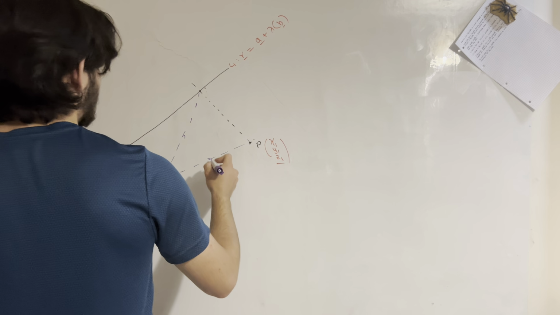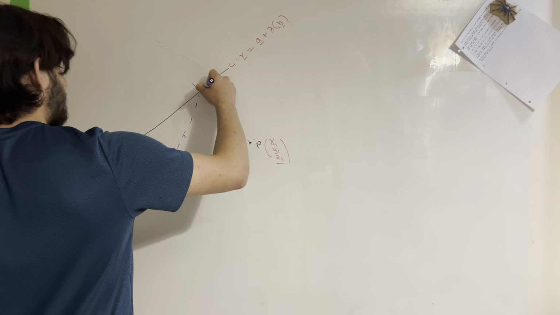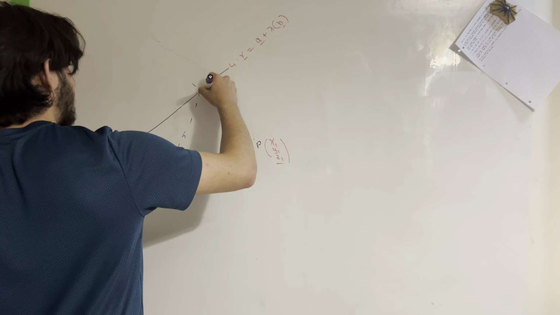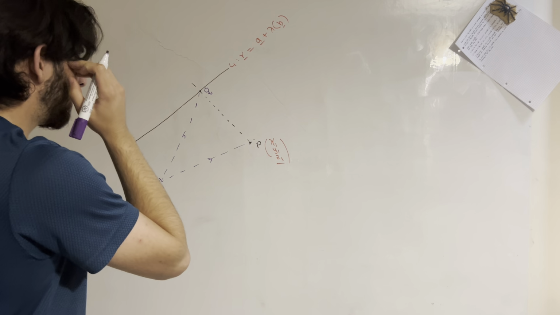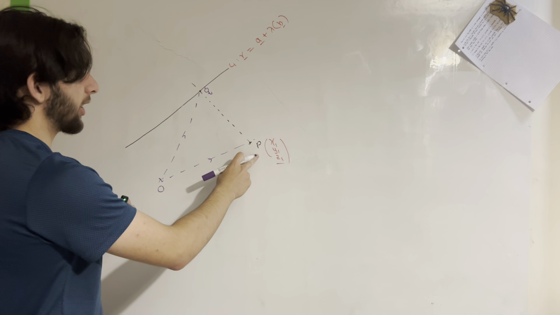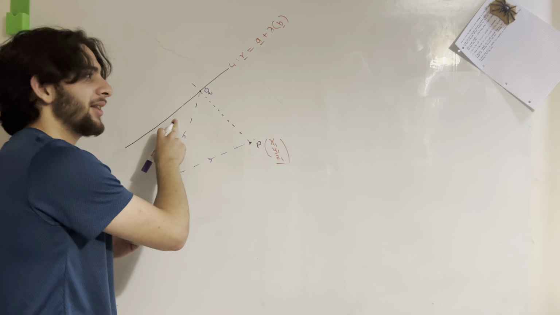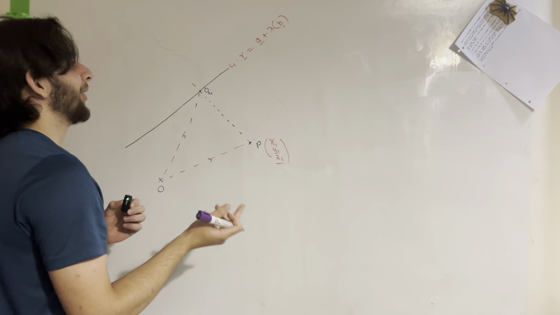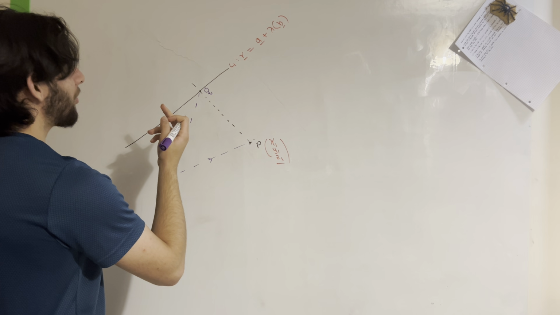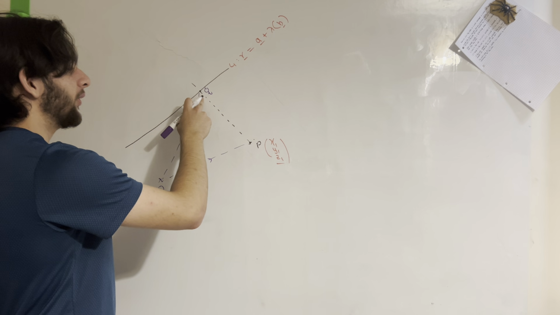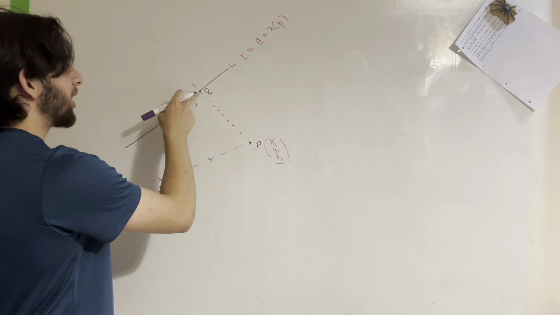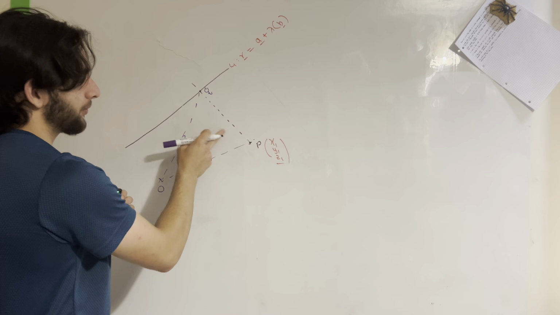So if we have P, I'm going to define the point where the perpendicular to my line L1, which passes through P, meets the line L1. Bit of a mouthful to say there, but I think you know what I mean. That point Q over there will represent the intersection.